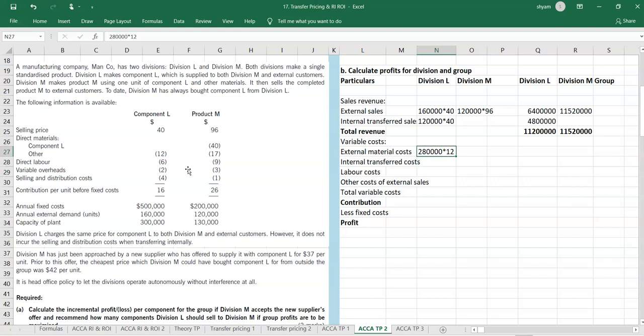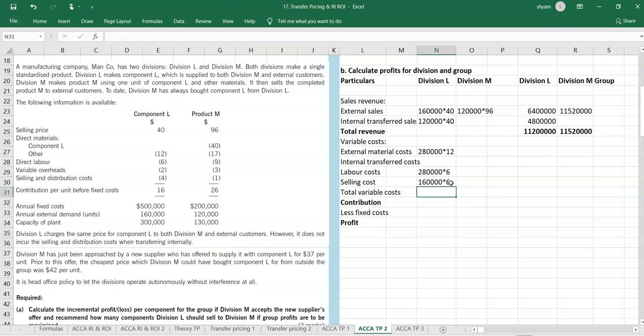They are not purchasing anything, but they also have labor cost at $6. Selling cost will not apply to the internal department. Okay, internally if they transfer, there's no sales cost. So again this number will flow to 1,60,000.